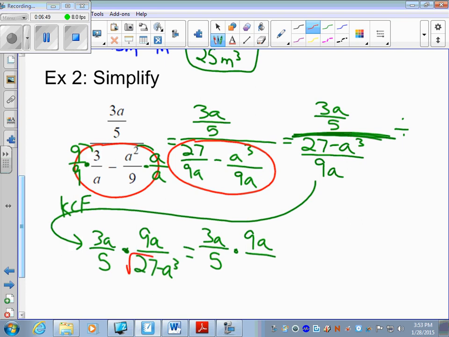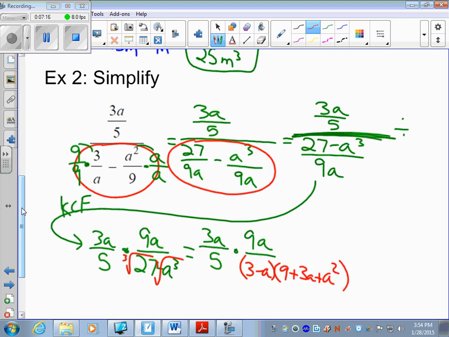Cube root the second term, you get a. So we have 3 minus a, times 3 squared is 9, plus 3 times a, and then always positive, plus a squared.